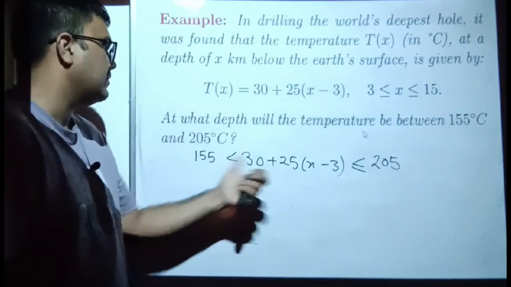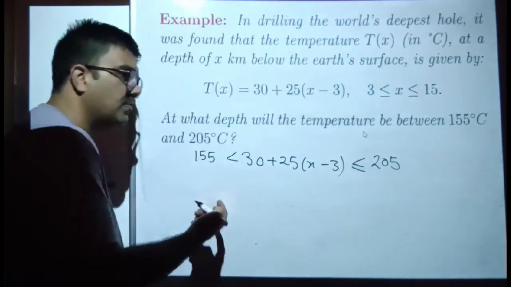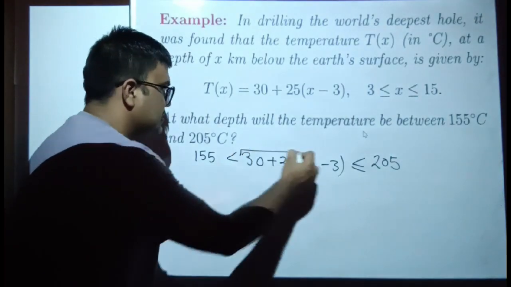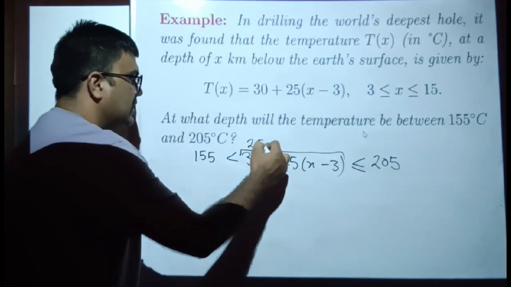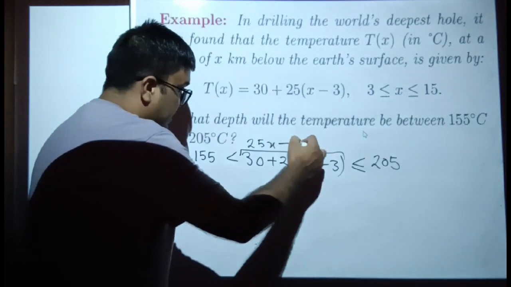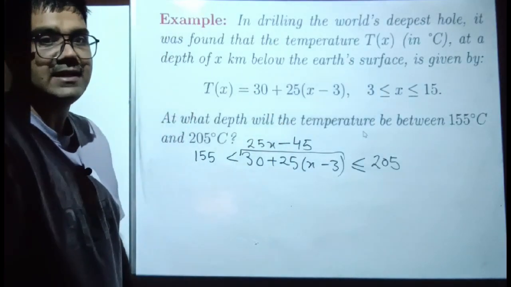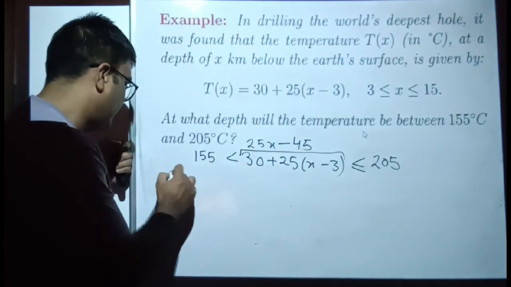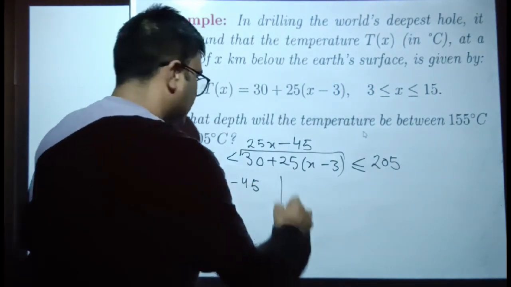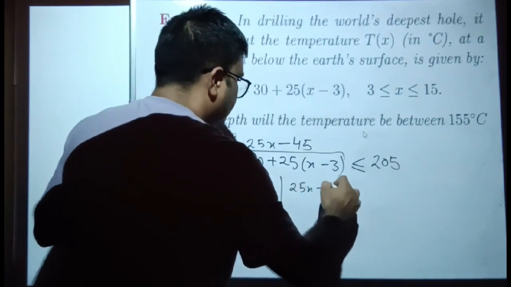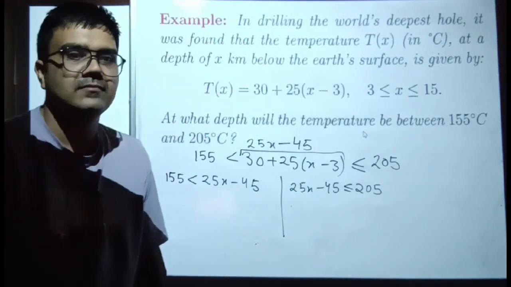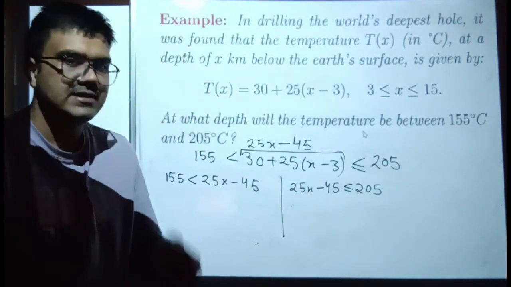These are simultaneous inequalities. If we first solve this expression, 25x becomes minus 75, and the constant becomes minus 45. So 155 < 25x - 45 and 25x - 45 < 205.